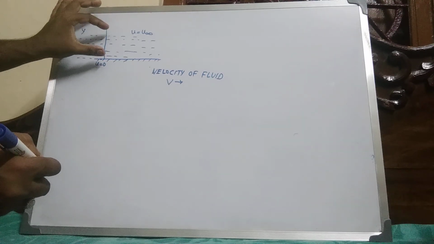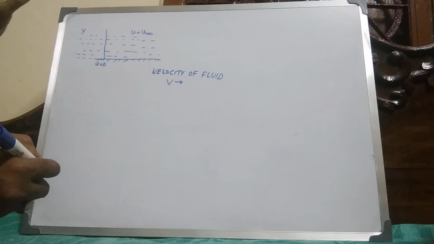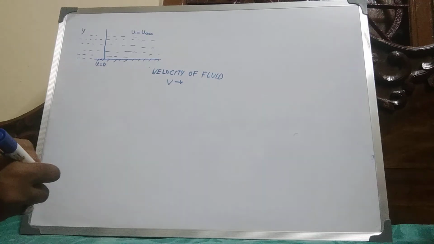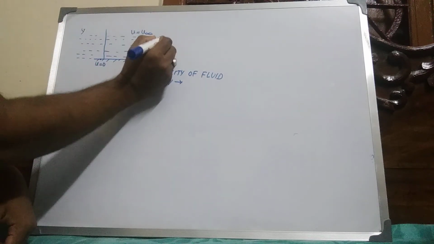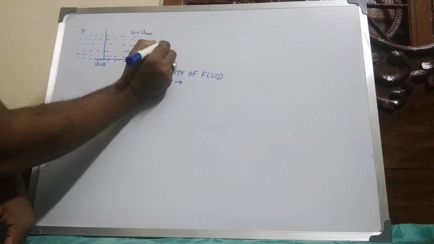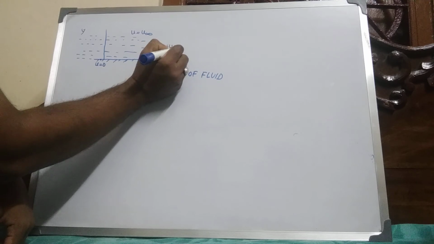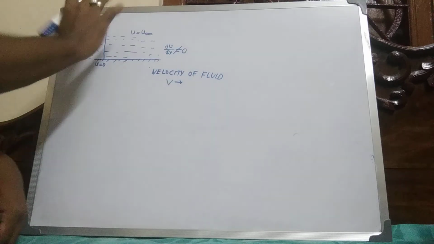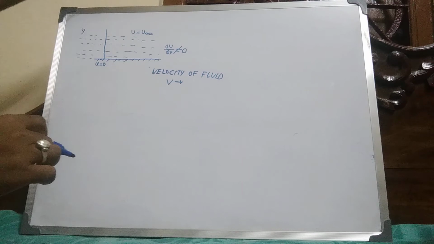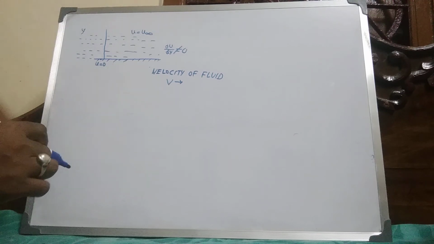In this region a velocity gradient exists, du is not equal to 0. After this region the velocity gradient is 0.